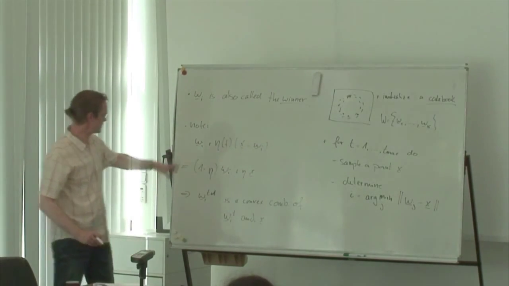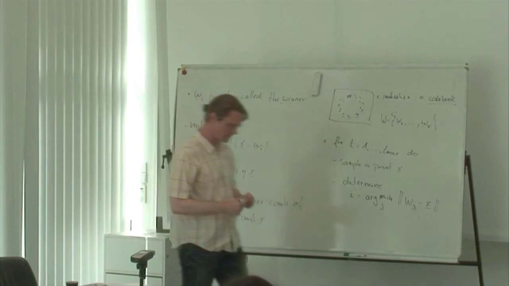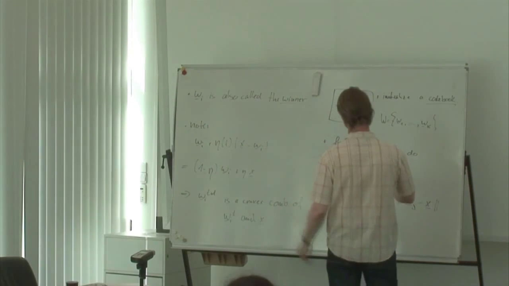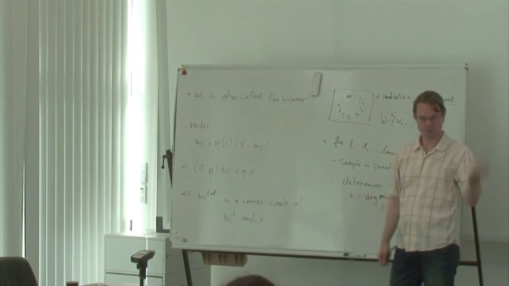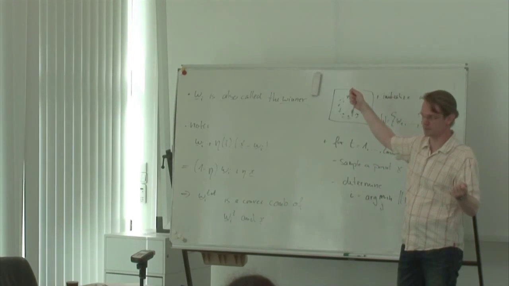So by means of this update, we will always move the codebook vector along this line segment between its current location and the sample point.